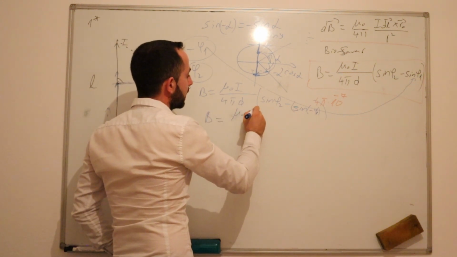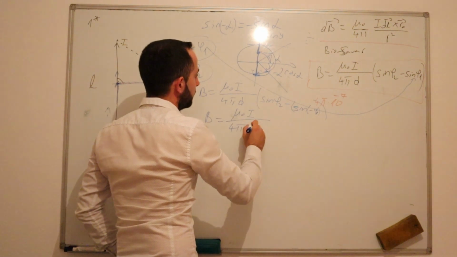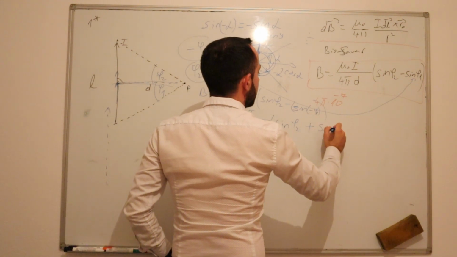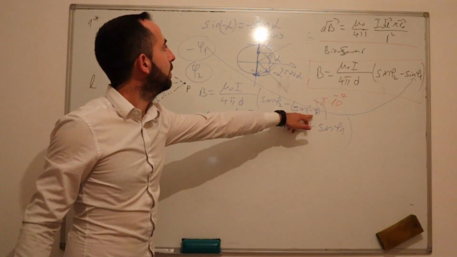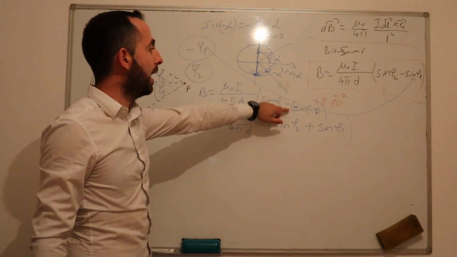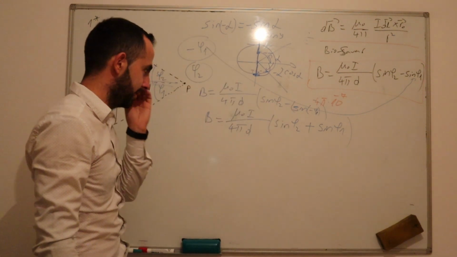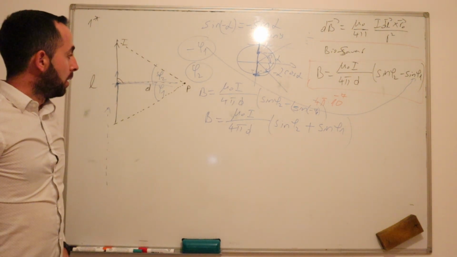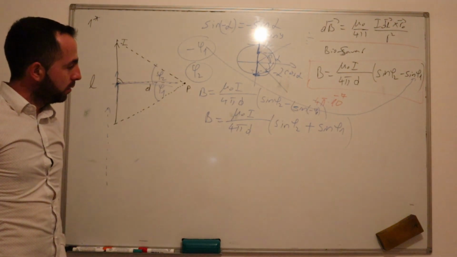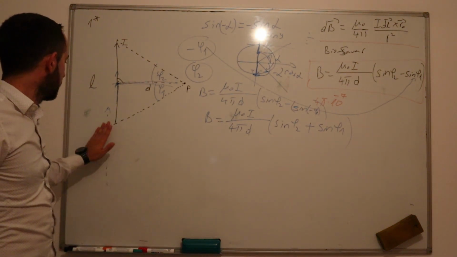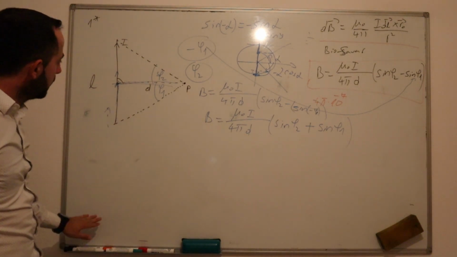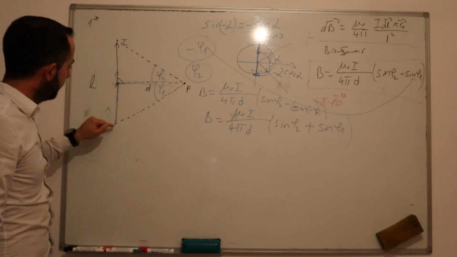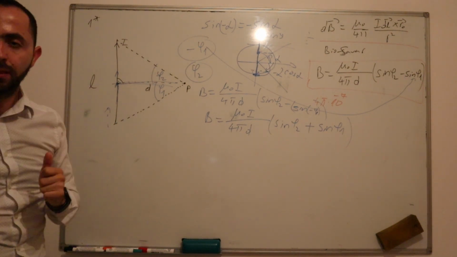So our magnetic field for this case will be sine phi2 plus sine phi1. This is a conductor with finite length.